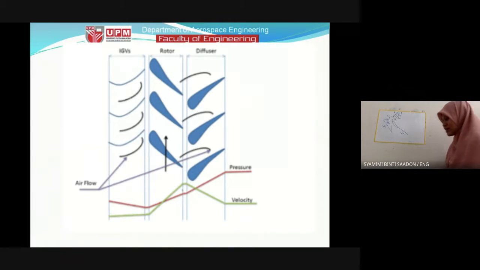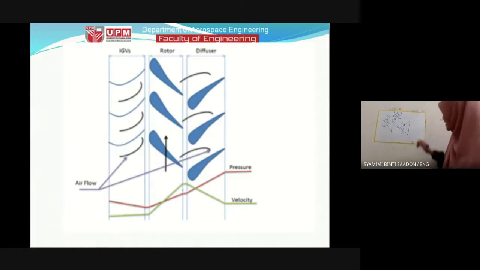U remains the same, this direction. So to complete the triangle, we have C2. Again, this will be alpha 2, this will be beta 2.